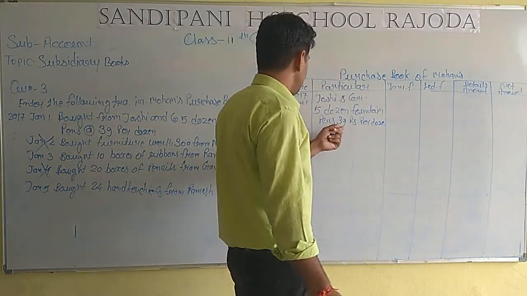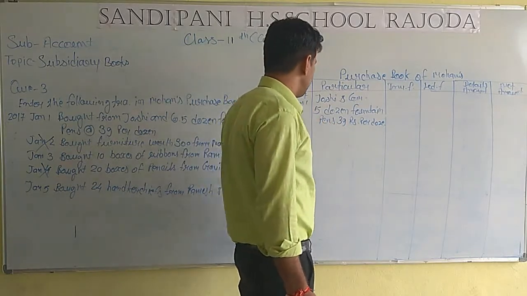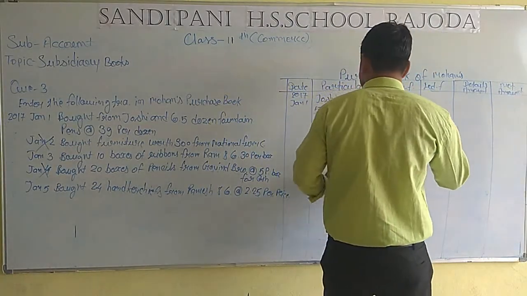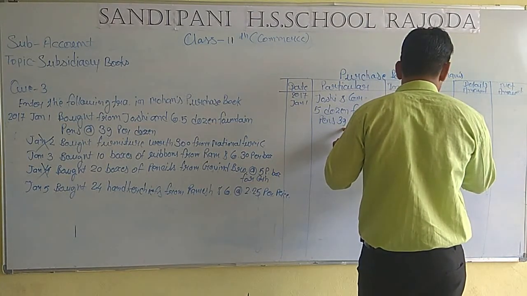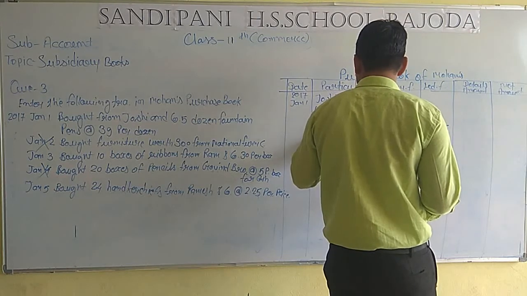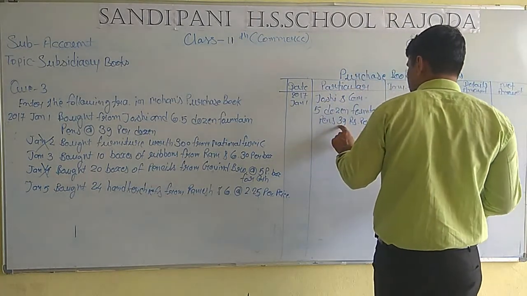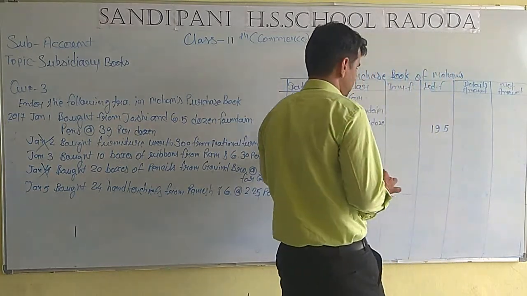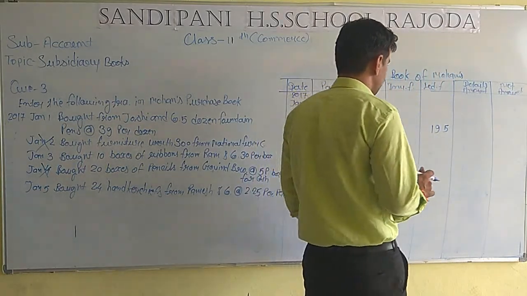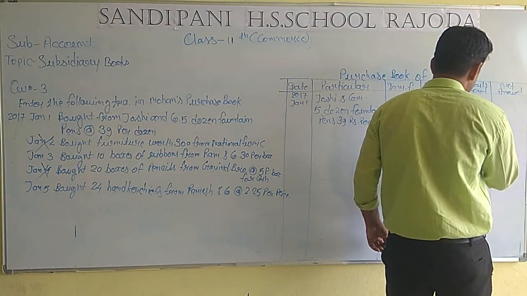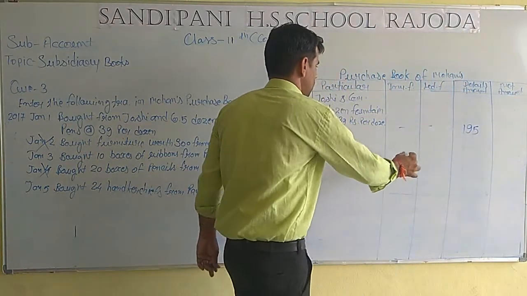So you have to multiply 39 into 5. So here will come 195 rupees. Sorry, you have to write it in the detail amount column; in this column we will not write.